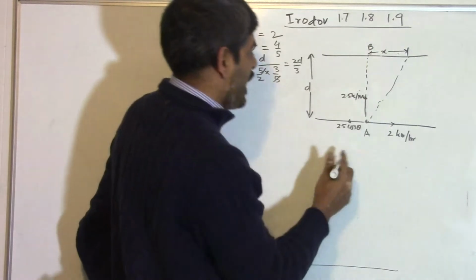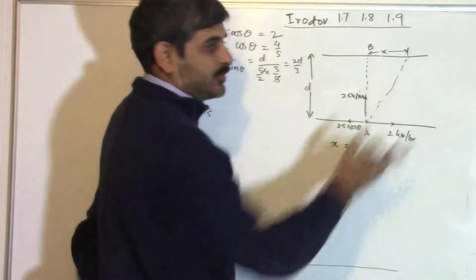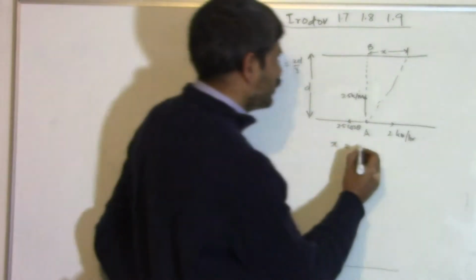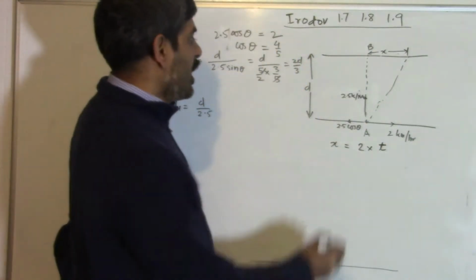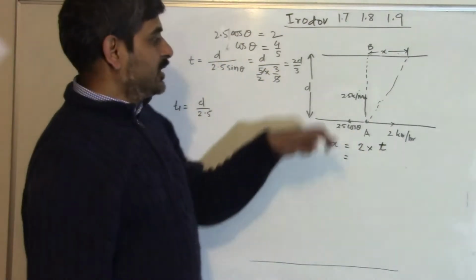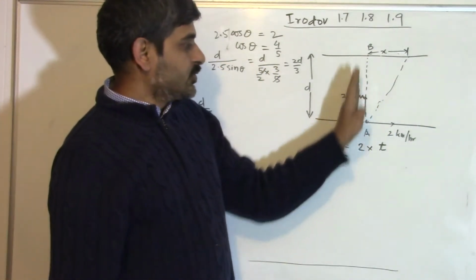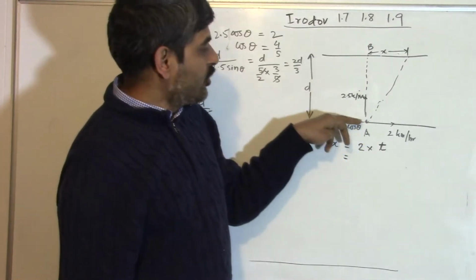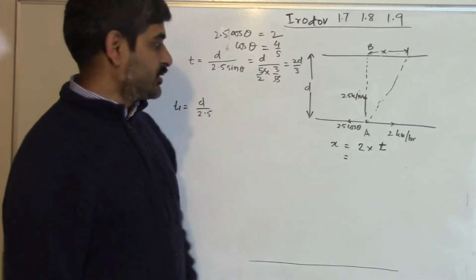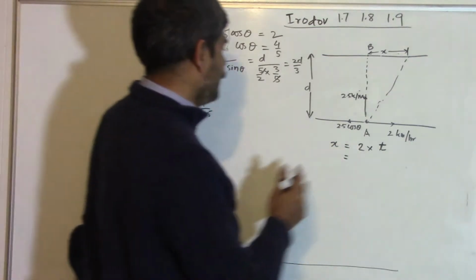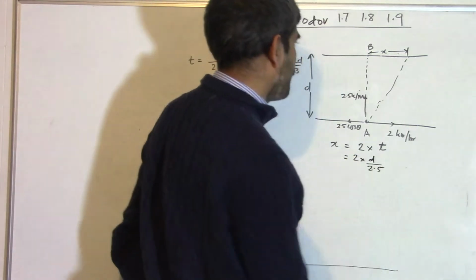So this distance x will be nothing but the net component of the velocity along this direction, 2, multiplied by the time. The velocity of the swimmer has no effect in this direction, and therefore only this velocity multiplied by the time will give you the distance. And this time is nothing but this t1, or 2 into d divided by 2.5.